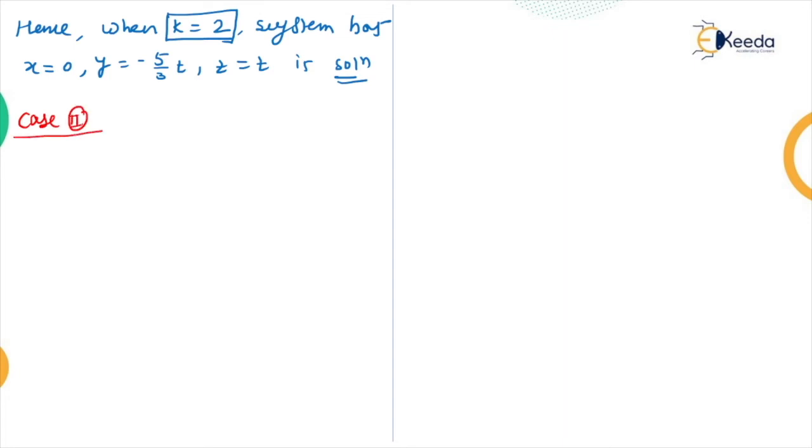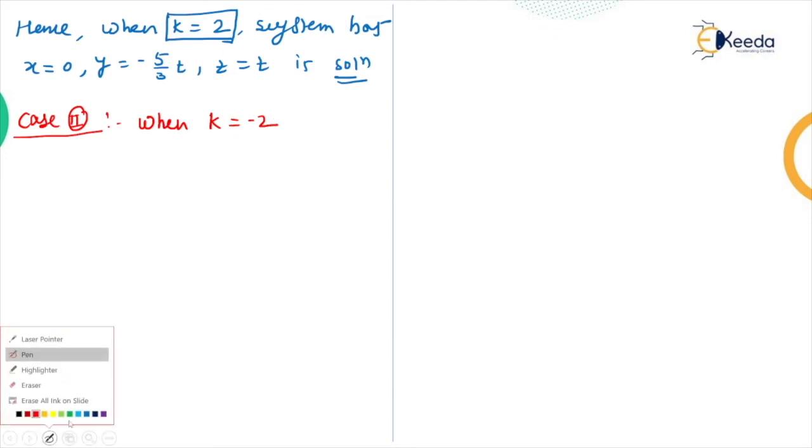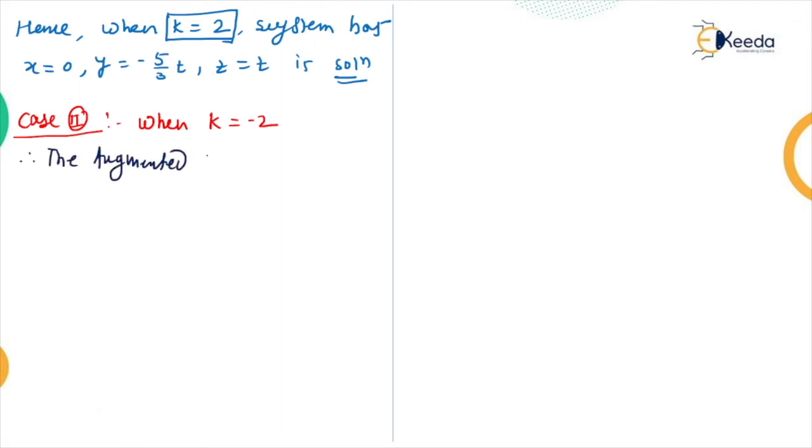So what is case number 2? When k is equal to minus 2, the augmented matrix of the system becomes, let's see. First of all, you know what the augmented matrix is.